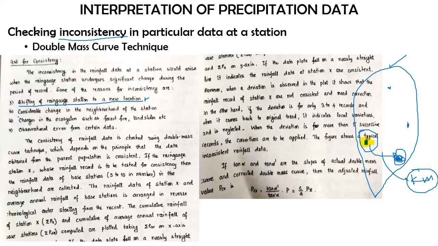Now the second point is considerable change in the neighborhood of the station. One is, if you change the location, automatically the second point will come. Or imagine you have your rain gauge station here only, but the surrounding area has been developed, or there have been drastic changes in the surrounding area.